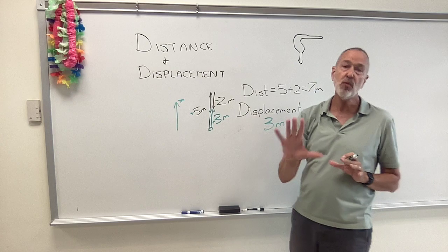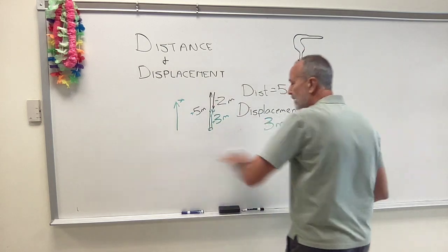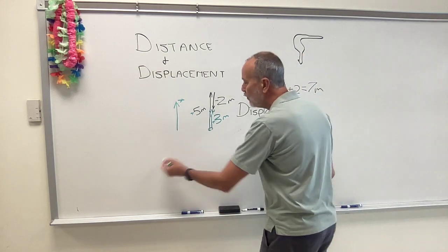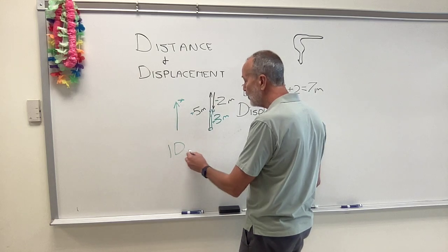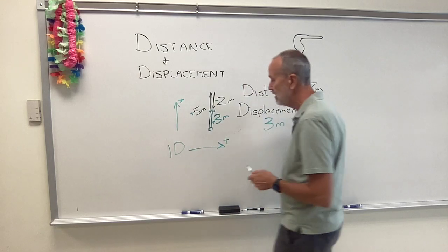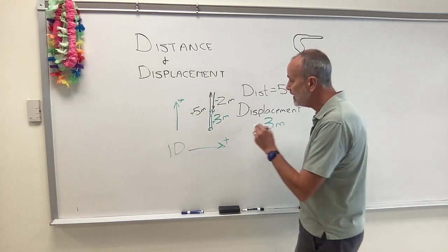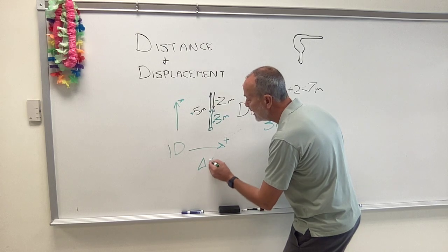Now, when we do it in one dimension, very frequently, an awful lot of the work we do in physics, we're talking about people moving, a car moving along a straight line, something like that. When we talk about one dimension, it's typical that we'll declare a positive direction. Maybe it's east, south, forward, backward, something like that. And then the displacement we write as delta x.